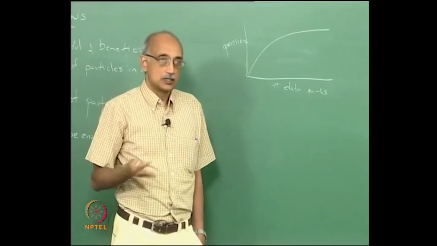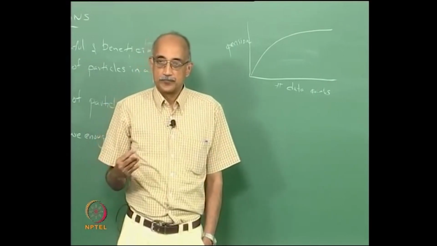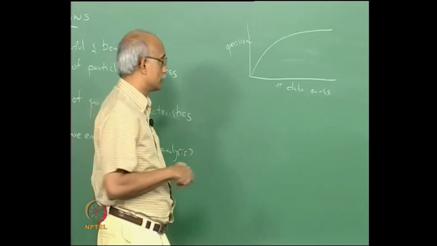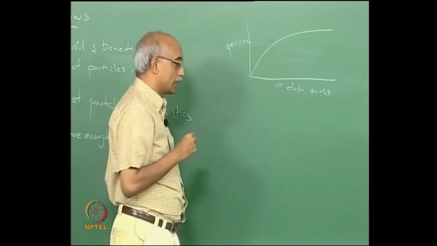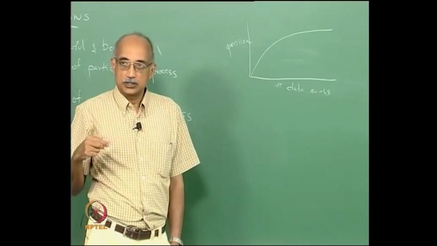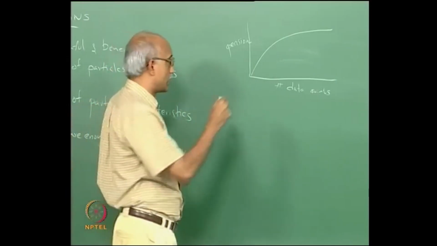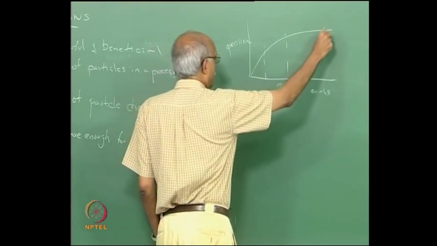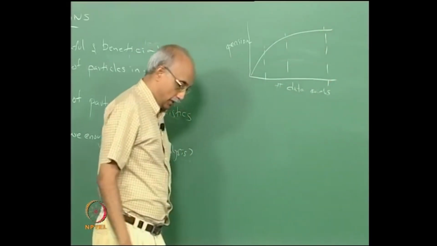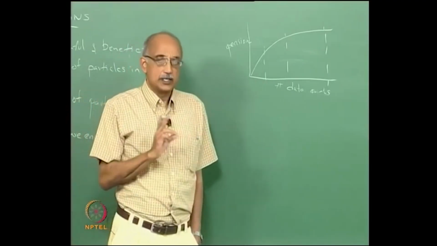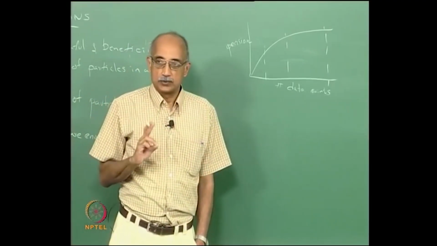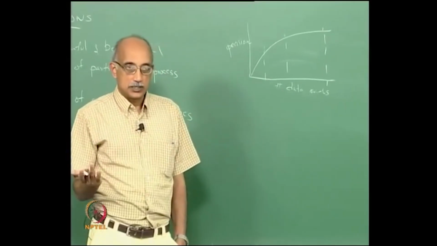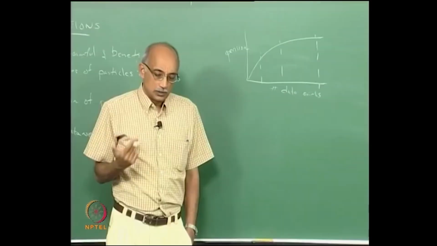But then as you keep collecting more and more data, the relative usefulness of the new data will rapidly diminish. So when you have a behavior like this, as a shape analyst, you have to make a decision on where do you stop. Do you stop as soon as you have reached here, or do you stop here, or do you keep collecting data until you have reached the finest refinement in the shape that you can obtain? So that's one of the judgment calls that as a particle scientist you may need to make in your shape characterization.